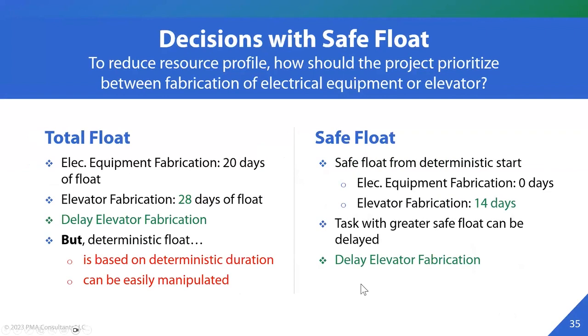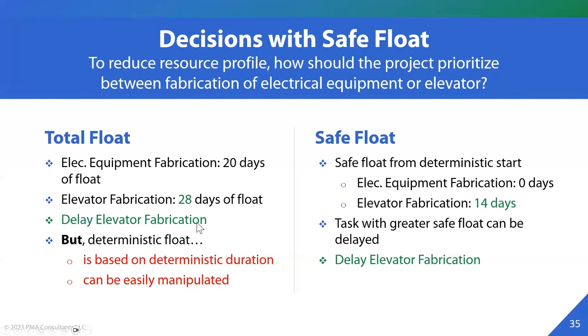Okay, and when you're considering resource profile, managing resources, how would you prioritize between 2 tasks? Over here, I'm taking 2 fabrication activities, an electrical equipment fabrication and an elevator fabrication. We see electrical equipment fabrication has 20 days of float, whereas elevator fabrication has 28 days. Total float says delay elevator fabrication.